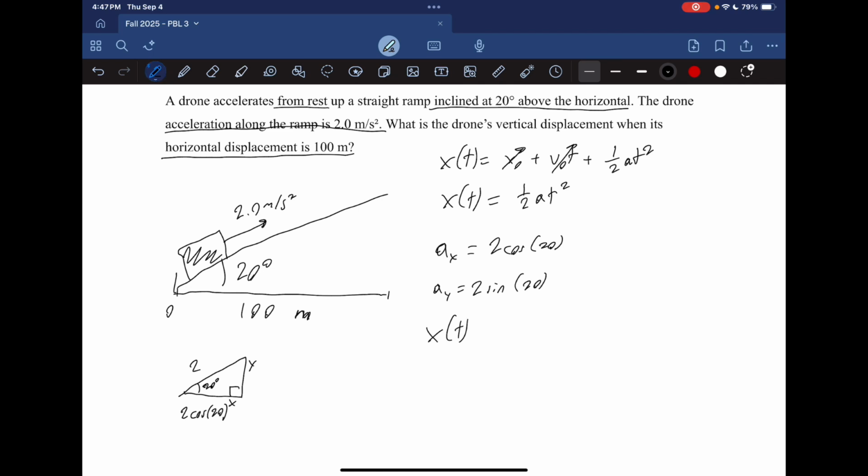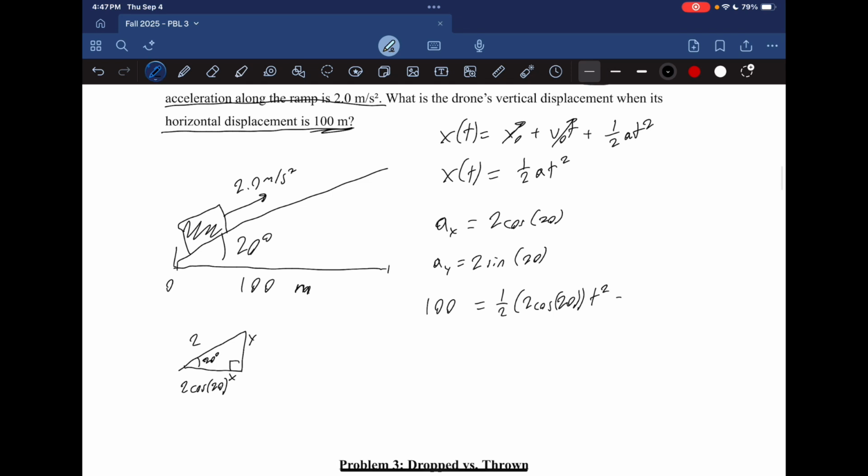So x of t equals 1/2 acceleration, which is 2 cosine 20 t squared. And we know that the displacement, that's our x of t, is 100 meters. So that means 100 equals 1/2 times 2 cosine of 20 t squared. So we can rearrange this.